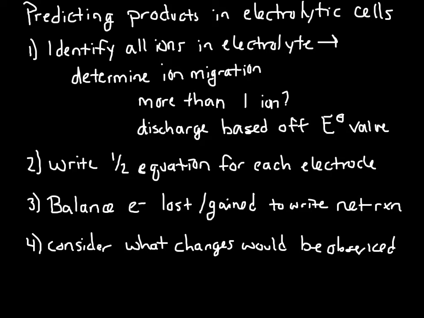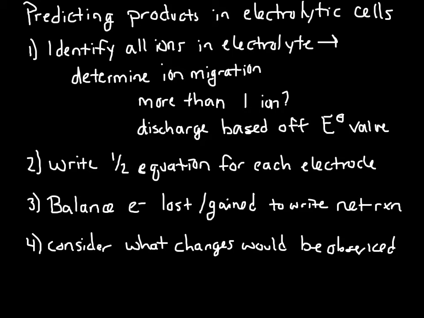Which ions are going to the cathode, which ions are going to the anode. What if there's more than one ion in that solution? Well, the discharge, and that means loss or gain of electrons, movement of electrons, is based off their standard electrode potential value from table 14. We'll talk about that a little bit more in one of our examples.